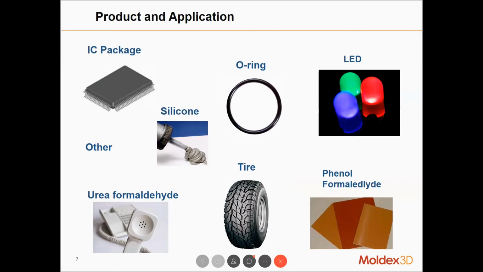And with a lower viscosity, although flash is often observed after injection, it's actually easier to completely fill the cavity with thermoset material sometimes. So thermoset material is still widely used in a lot of different fields.